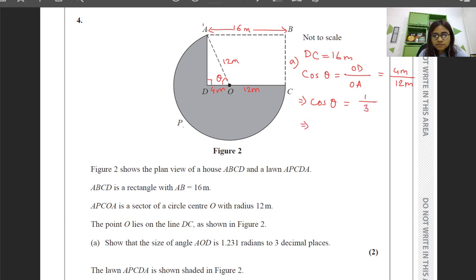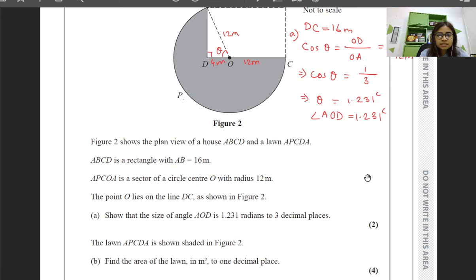Which gives us theta equal to 1.231 rad. So we can say that angle AOD is equal to 1.231 radians.